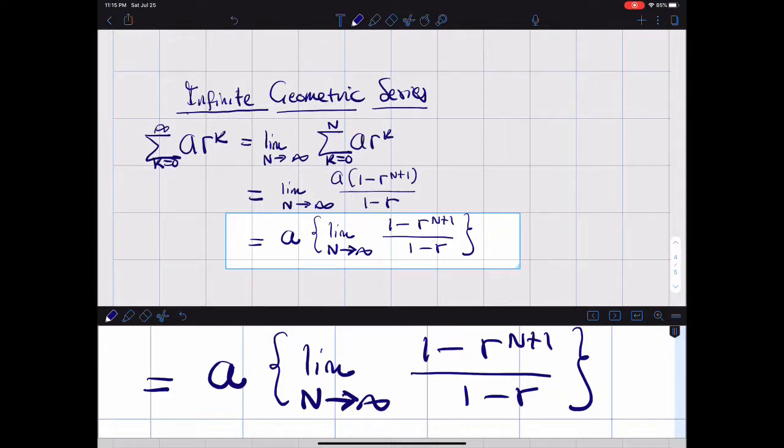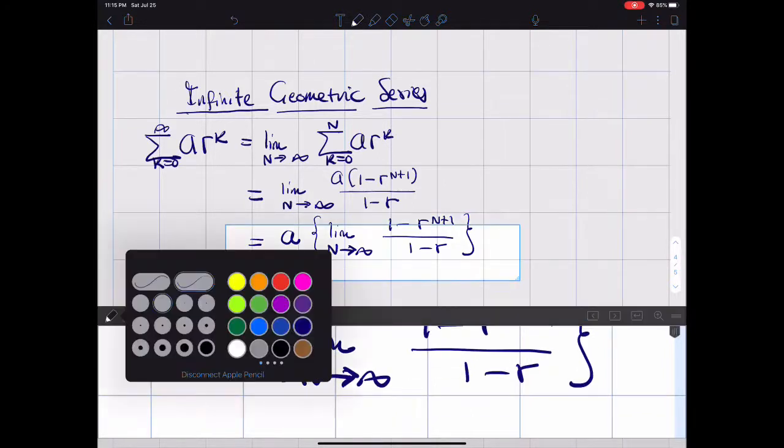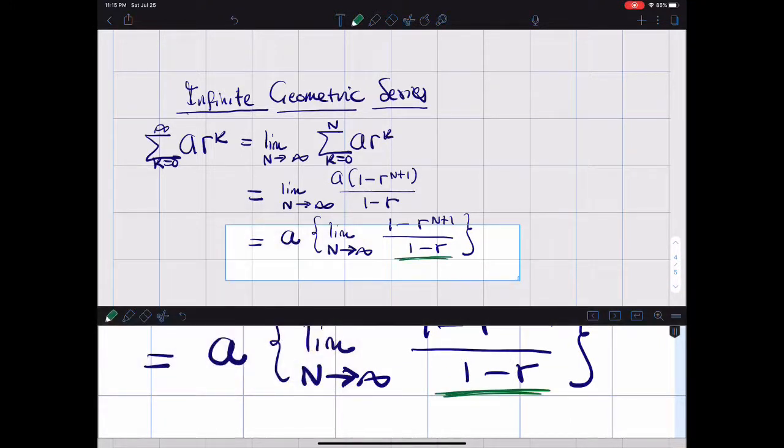If r is equal to 0, then this particular fraction will just be 1. So that's an easy one. But now think about when r is equal to 1, for instance. If r is equal to 1, what do we have? We have 0 over 0, which is undefined.